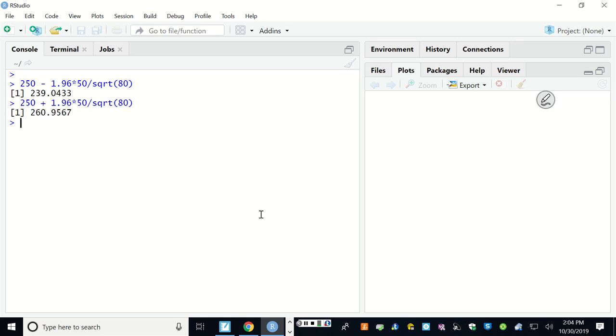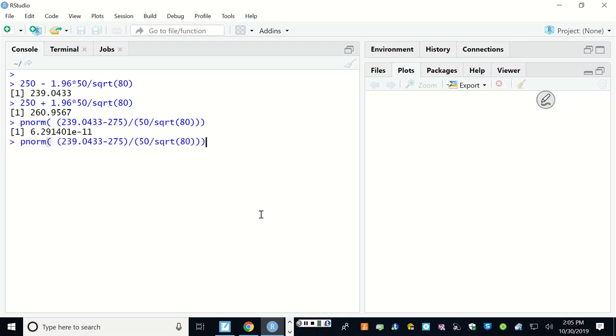So what's the probability we're less than 239 when the alternative is true? We use p-norm, the probability for normals. What we want is 239.0443, if 275 were the mean, and we divide by 50 over the square root of 80. And so there's almost no chance of that, right? We're not going to be below 239 if we're really up at 275.